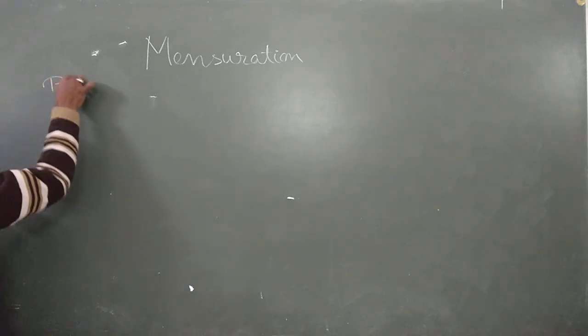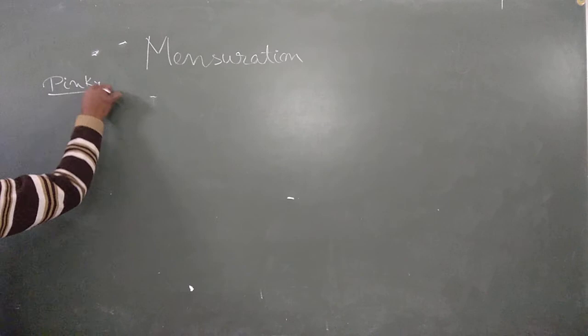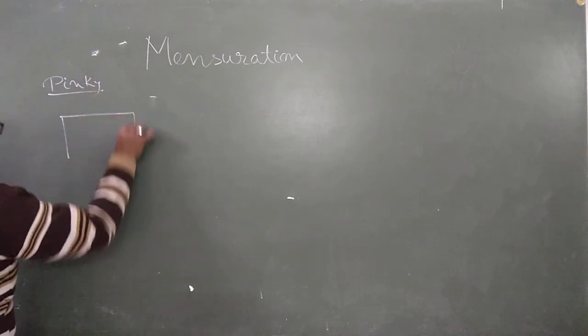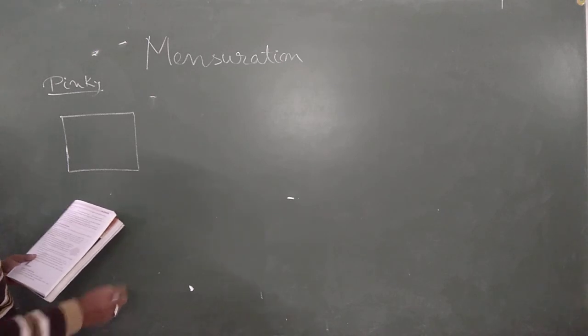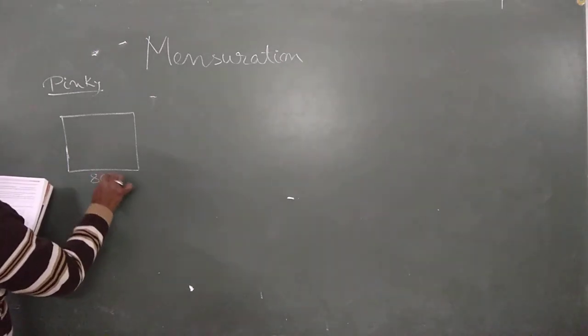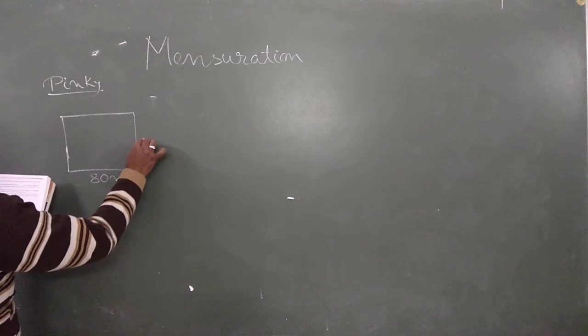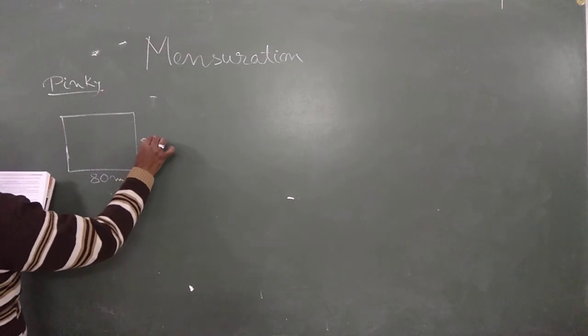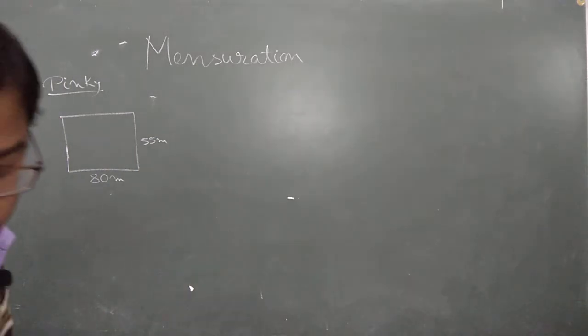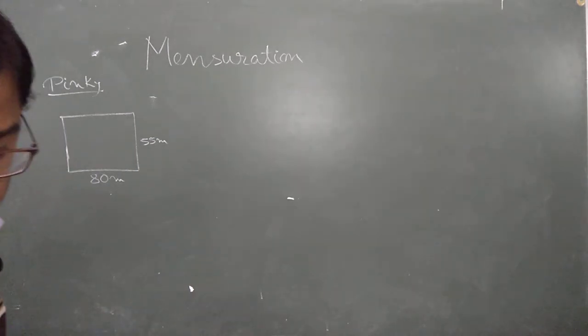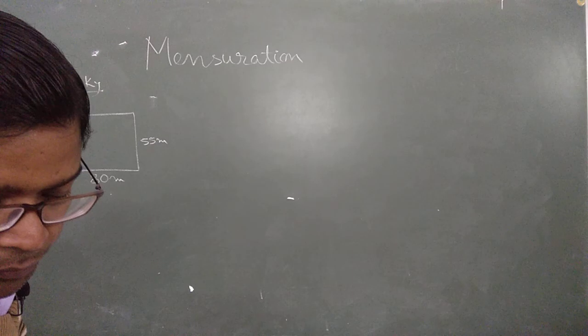First, Pinky. Clear? She runs along a rectangular park having length 80 meter, breadth 55 meter. Clear? And she runs 8 times.